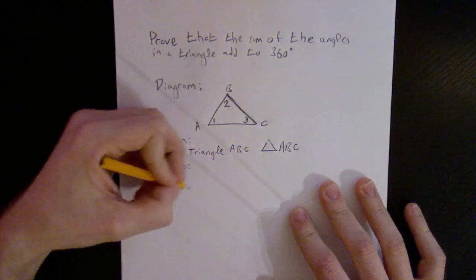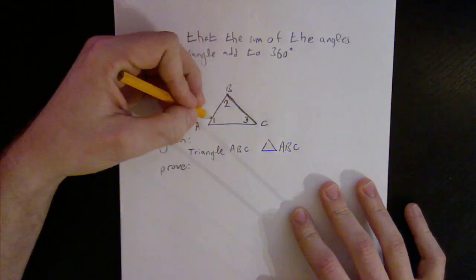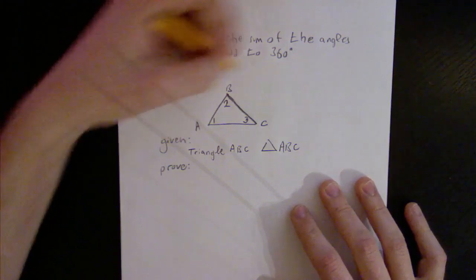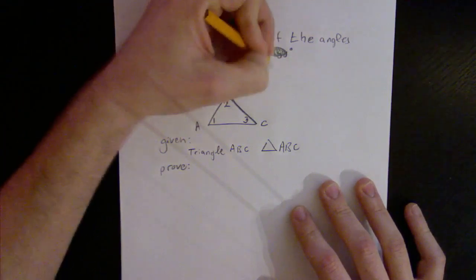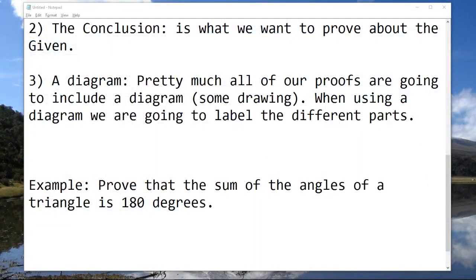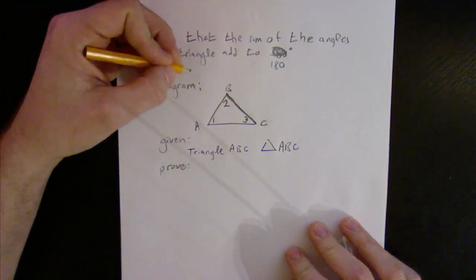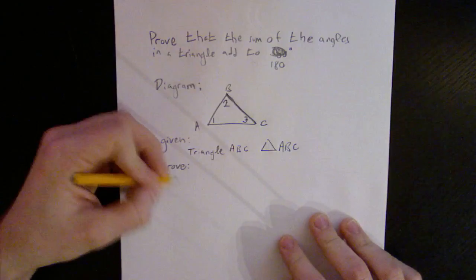And I want to prove that the angles that are inside of this all add up to, sorry, here I have written 360 degrees. The original in our example is 180 degrees. So I'm switching that back to 180 degrees there. All right, well, if I want to write this out, I could write it in a sentence, prove that I want to have the angles add up to 180 degrees, but let's try and write it in a more mathy way.